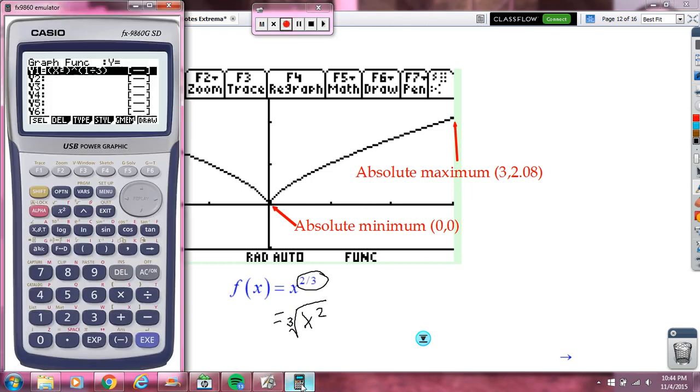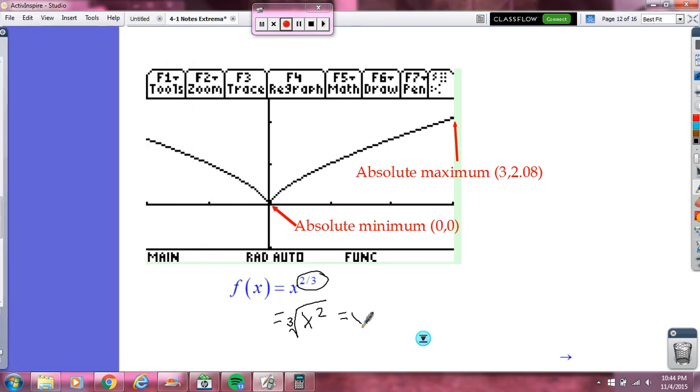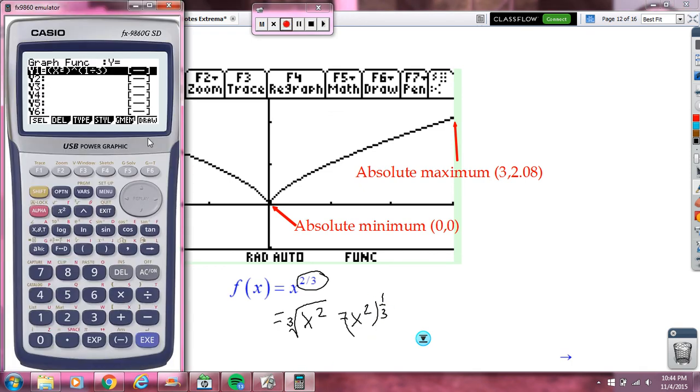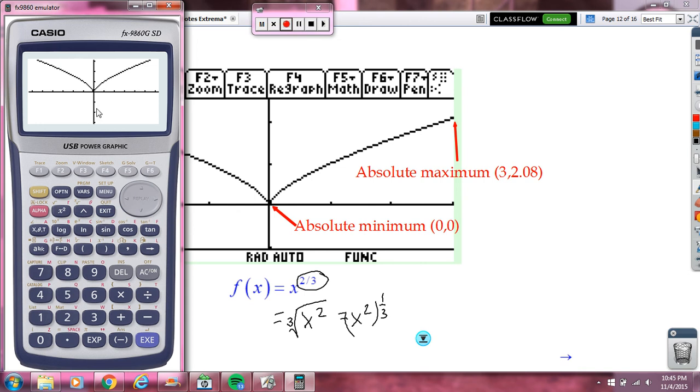Occasionally when you graph certain functions, like maybe x to the 4/5, wink wink hint hint, your graphing calculator might only graph half of the function, so splitting it up into x squared raised to the 1/3 can enable your calculator to better get a picture of what's going on.